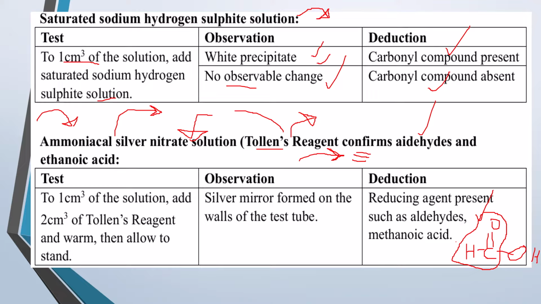So ammoniacal silver nitrate solution can be used to test for the presence of aldehydes by forming a silver mirror. You simply say in your observation column that a silver mirror is formed. In the deduction, you simply say a reducing agent such as an aldehyde or methanoic acid is present. It's only 2: either aldehydes or methanoic acid.